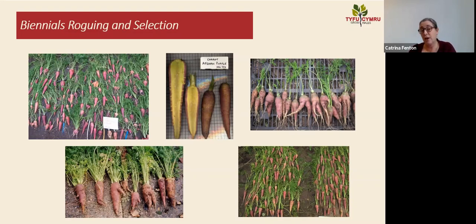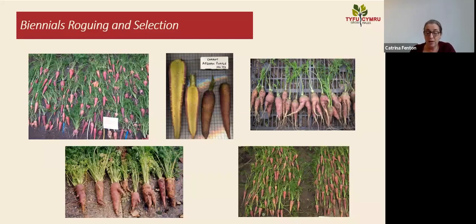So for us, we will grow our vegetables. We will tend to sow carrots slightly later in the season, so we won't have sown our carrots yet for selecting out. And we're going to be looking at the roots themselves when they are at that edible stage. So when we would normally harvest them to eat, that is a point at which we're going to select from them.